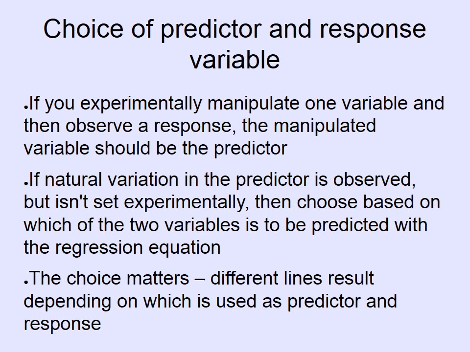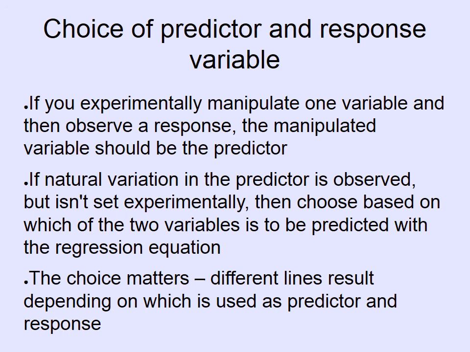I said this before, it's really important that you understand the choice of predictor and response. This does matter. If you experimentally manipulate one variable, then that needs to be the predictor, and the other one needs to be the response. If you have not tweaked either, then you need to think about what you're trying to predict in your linear regression.